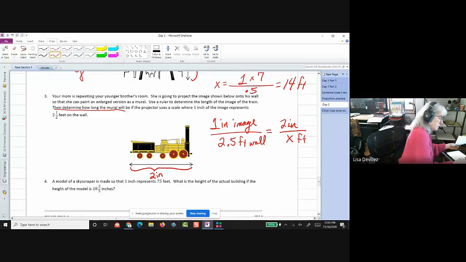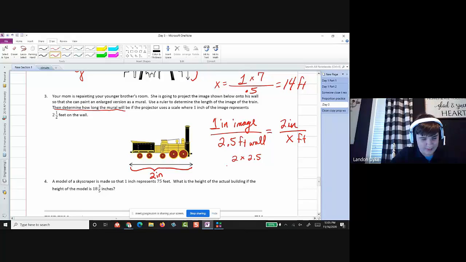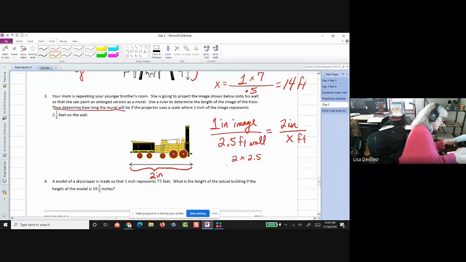So if I do 2 times 2.5, then divide by 1, that'll be equal to 5.